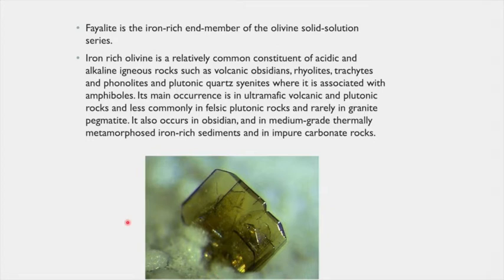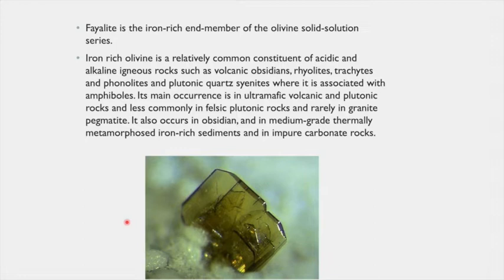Iron-rich olivine is a relatively common constituent of acidic and alkaline igneous rocks such as volcanic obsidians, rhyolites, trachytes, and phonolites, and plutonic quartz syenites, where it is associated with amphiboles.